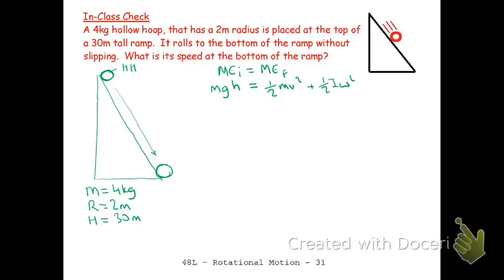Do you see where those two terms come from? One's my translational kinetic and one's my rotational kinetic. Why no mgh? Because you're at the bottom. And why no 1/2 kx squared? Because there's no springs.